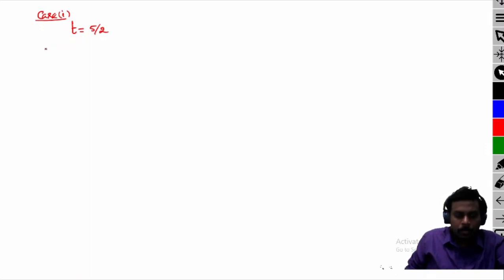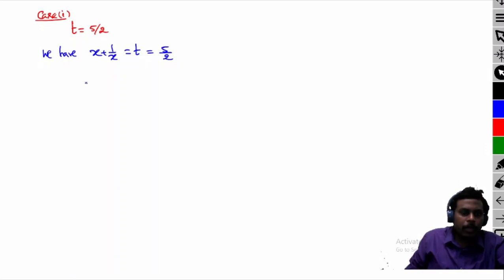Now we have x plus 1 by x is equal to t, and that value is equal to 5 by 2. Then this implies x square plus 1 divided by x is equal to 5 by 2.